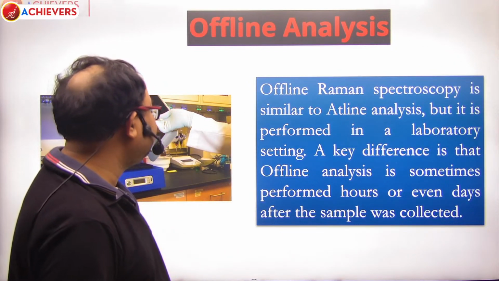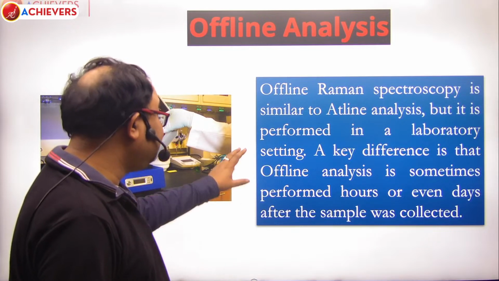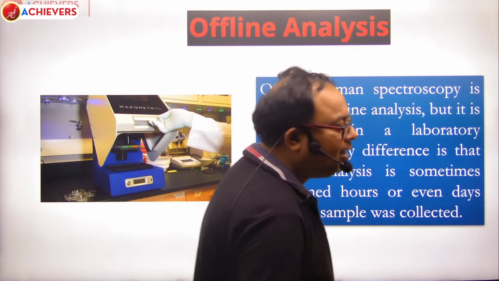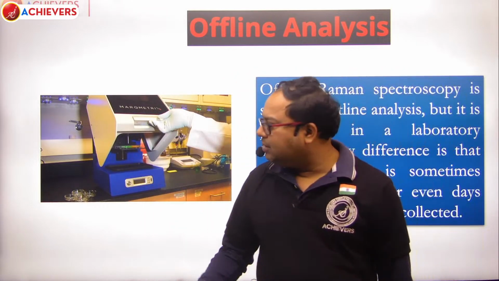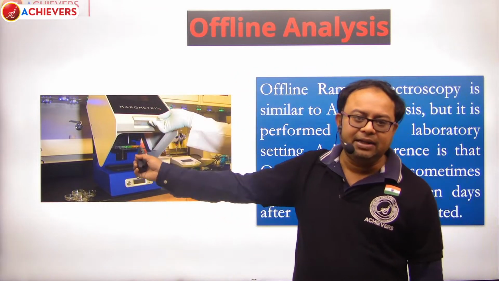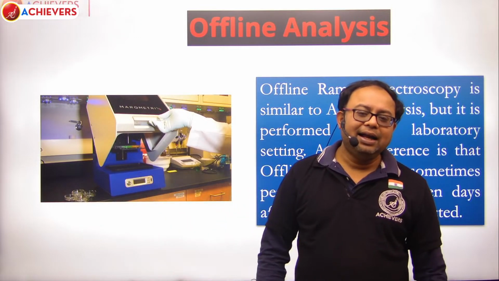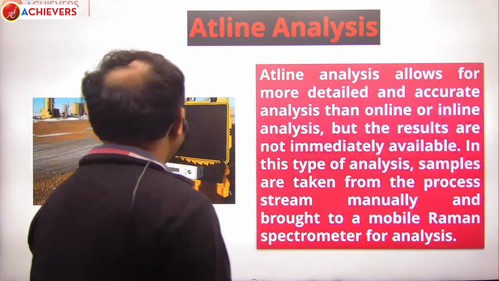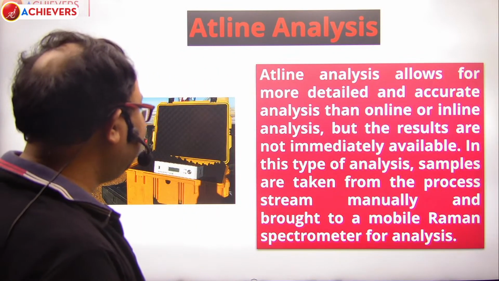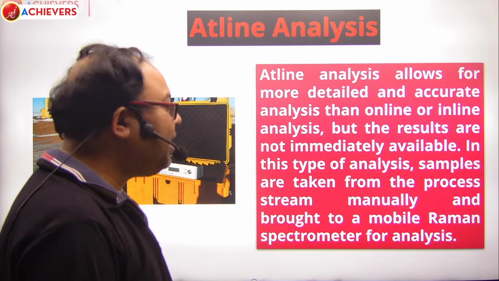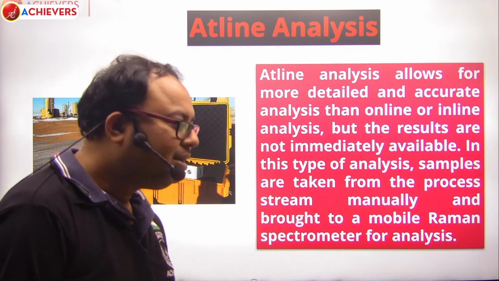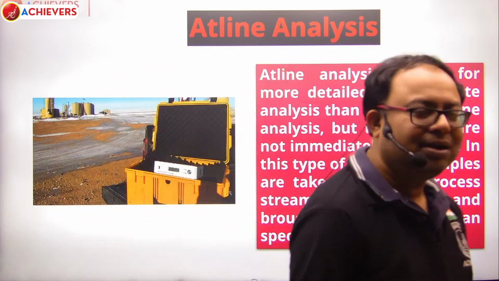Offline Raman spectroscopy is similar to at-line analysis, but it is performed in a laboratory setting. In this offline analysis, as you can see in the picture, it is in a laboratory setting, whereas this at-line analysis, you can see, is present at the production site. That's the difference. That's the only difference you have.